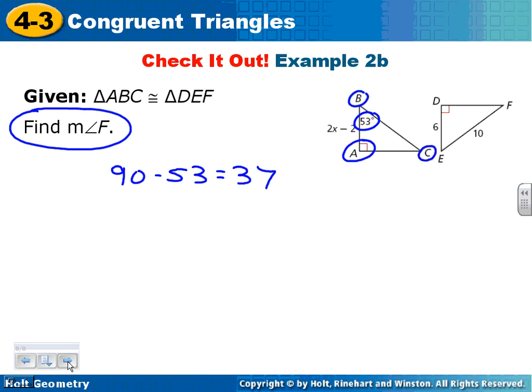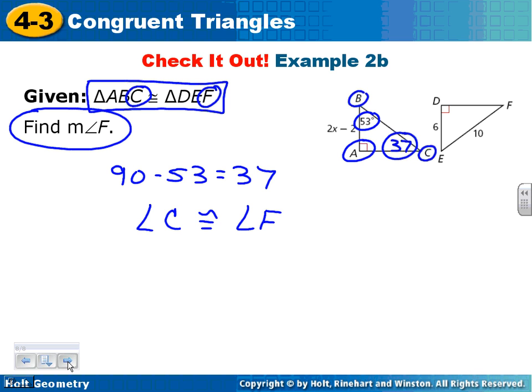That means that angle C is 37. And if you look up here in your congruent statement up top, you see the C is the third letter and F is the third letter. That means that angle C is congruent to angle F. Well, if angle C is 37, the measure of angle F would have to be 37 as well.